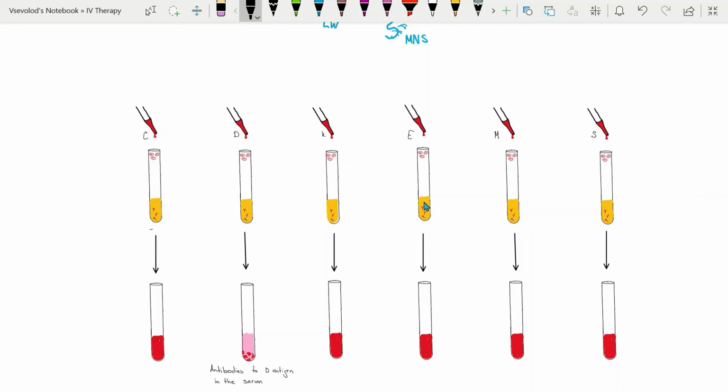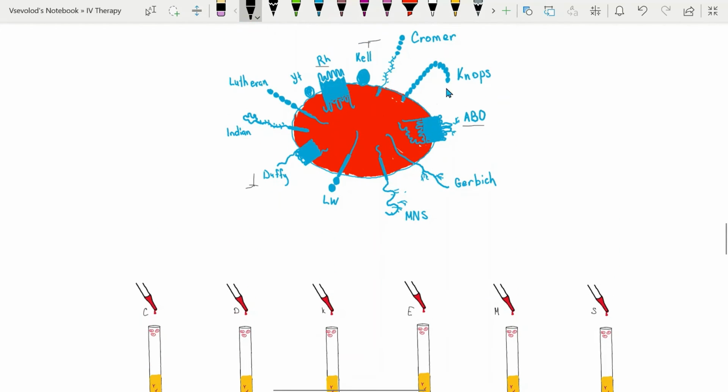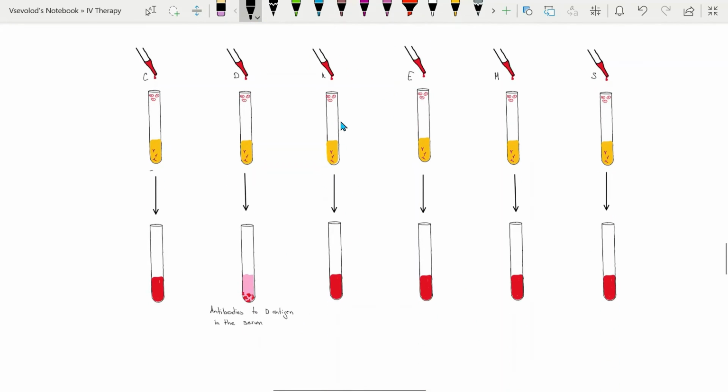Then they add donor red blood cells that they know have a rare antigen on their surface. There are about 50 different antigens that could be on the surface, all kinds of Kell, Duffy, M and S, and so on. If the patient's serum does not have any antibodies, red blood cells stay suspended, nice and homogeneous.